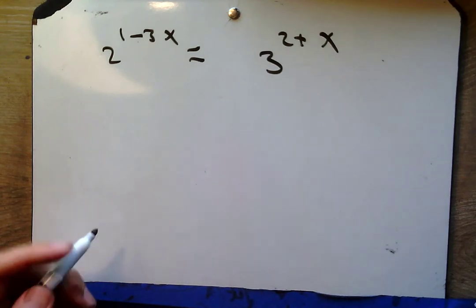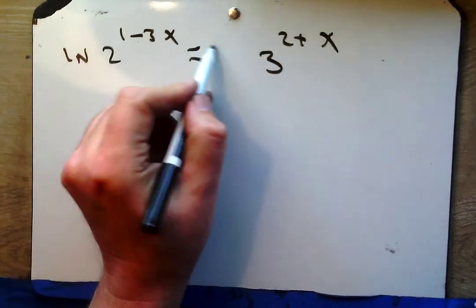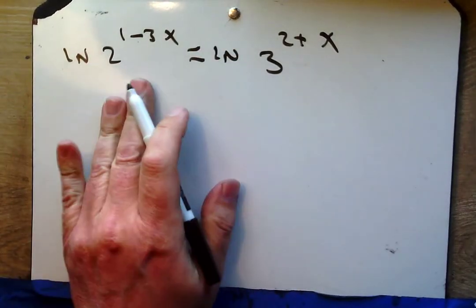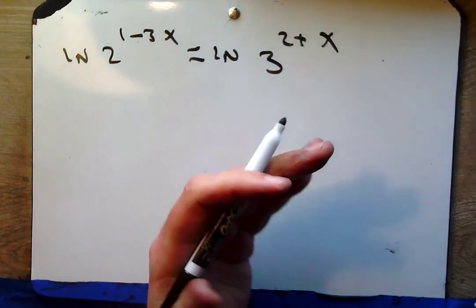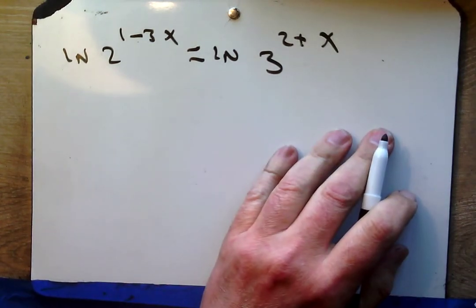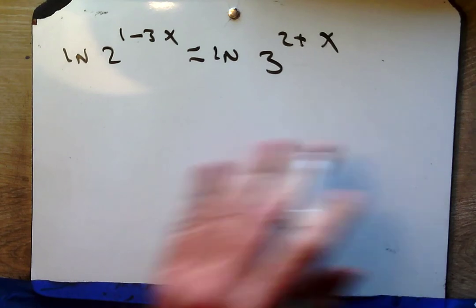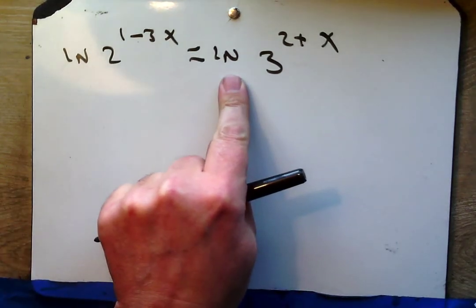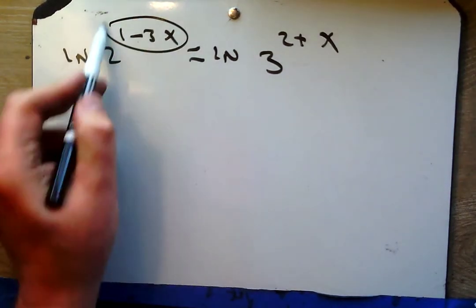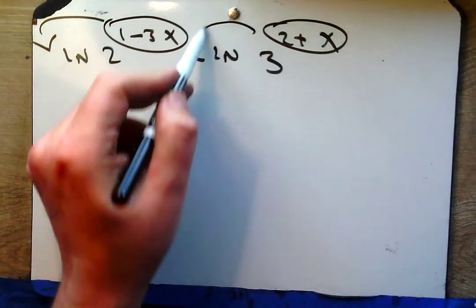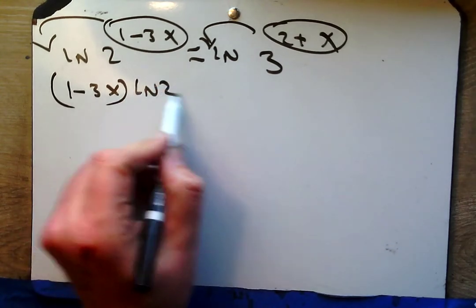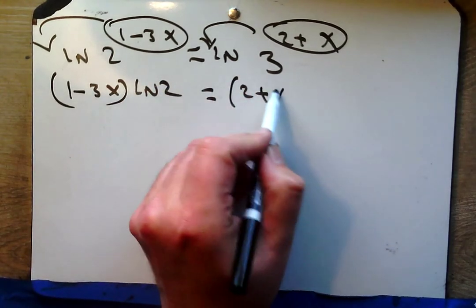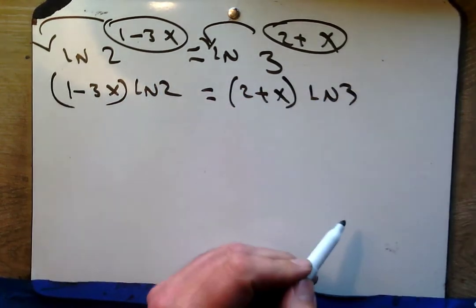Okay. So, I'm going to take the ln of both sides. You could take the log base 2 of both sides, or you could take the log base 3 of both sides, and one of the sides is going to be really happy with you, and the other is not. So I'd rather just go with something that's a little less to write. I'm going to bring my powers down. (1 minus 3x) times the ln of 2 equals (2 plus x) times the ln of 3.